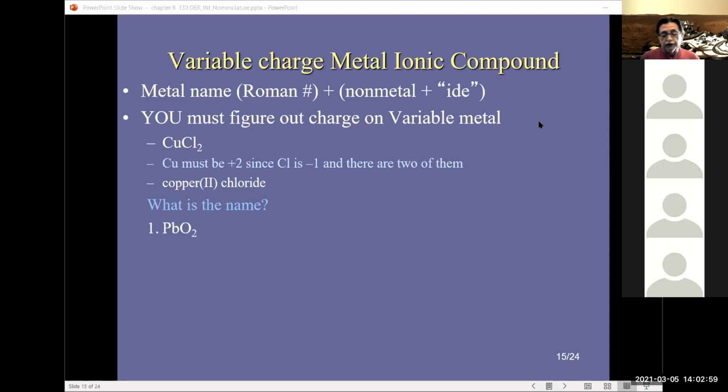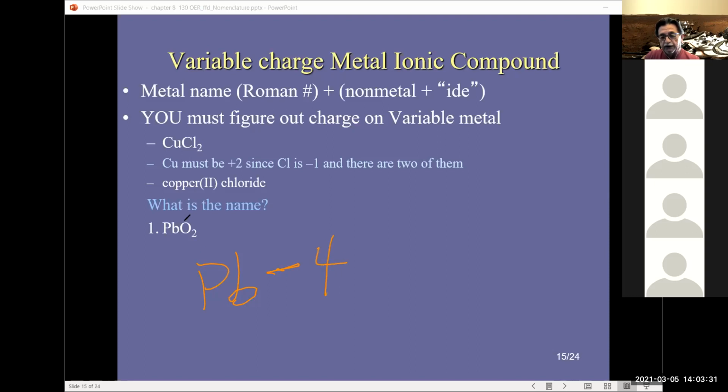Okay, same scenario here, similar. Lead, we don't know what it is because it's not part of the 16, so it's got a variable charge, but we know what the oxide is. We know each oxide is a -2. And so I can write a general formula where Pb minus 4, right?